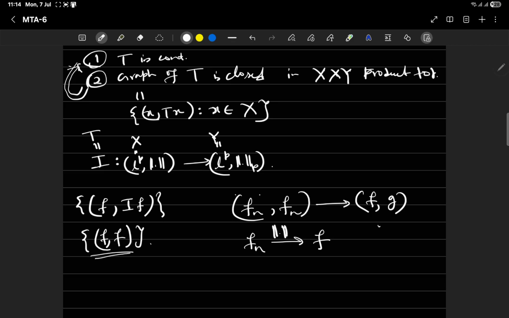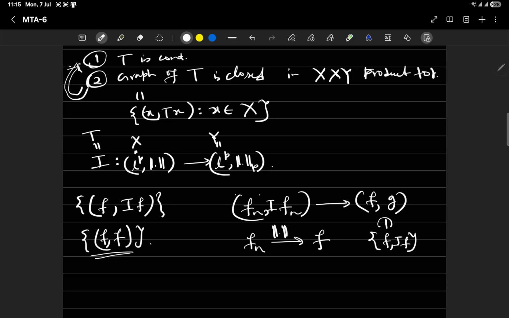Then we have to prove that f comma g is on that graph, right? That means f comma f, that is f equal to g, we have to prove. Or basically, writing without confusion, we have to prove f comma If.